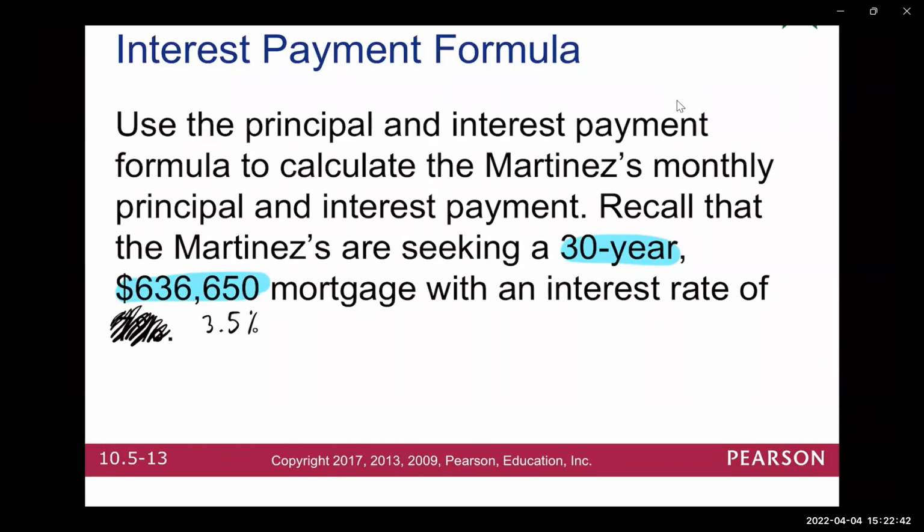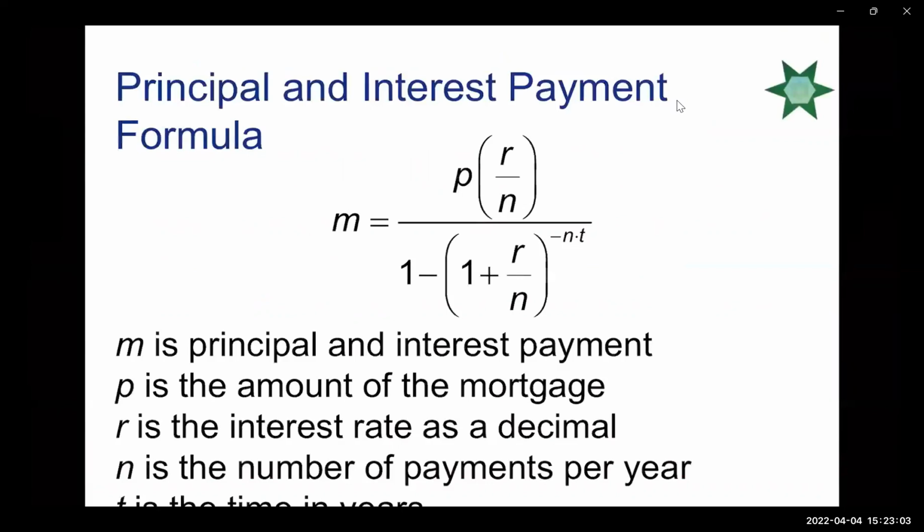It says about a 4.9. So let's just go with 4.9. That's what it says on Google. That's the current rates. All right, now let's go ahead and find out what this monthly payment is going to be for the Martinez family.